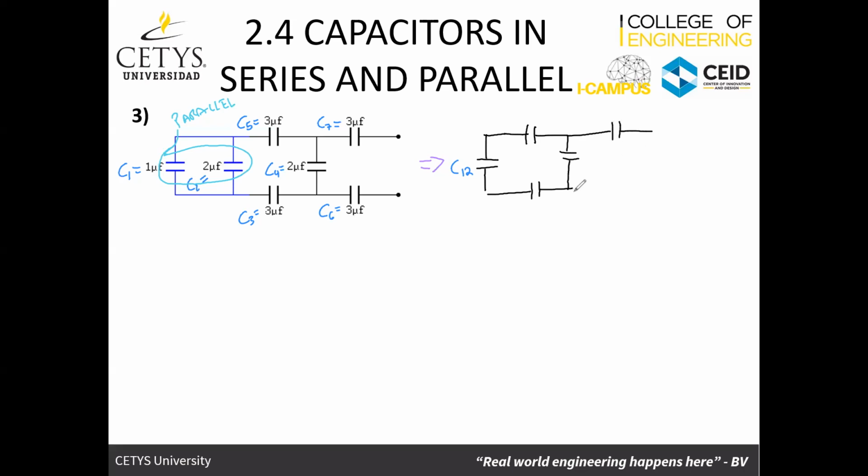I'm going to put the names at the end. The rest of the things that were already here: this would be C3, this would be C4, C5, C6, and C7. Okay.